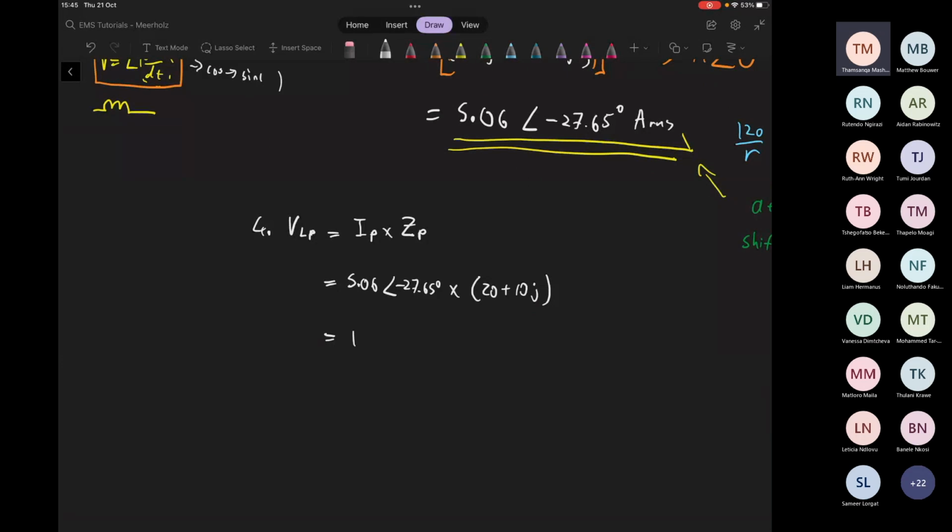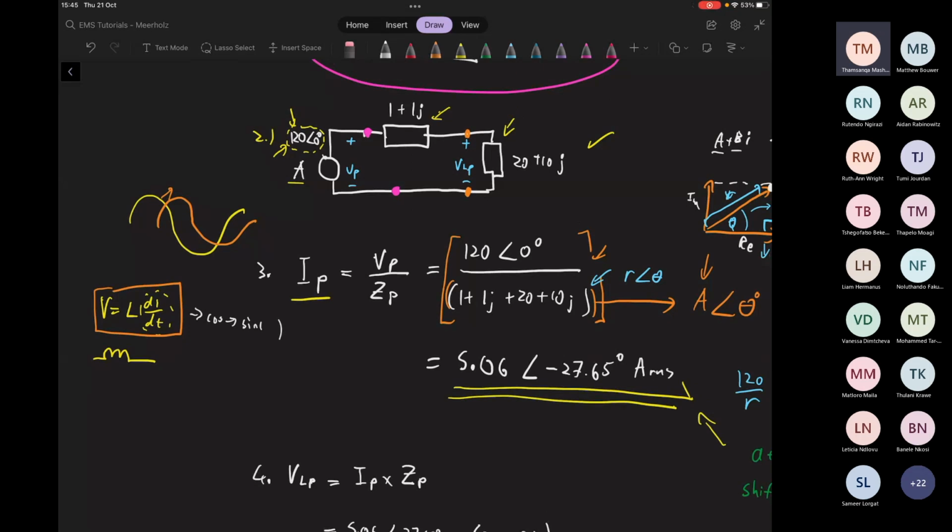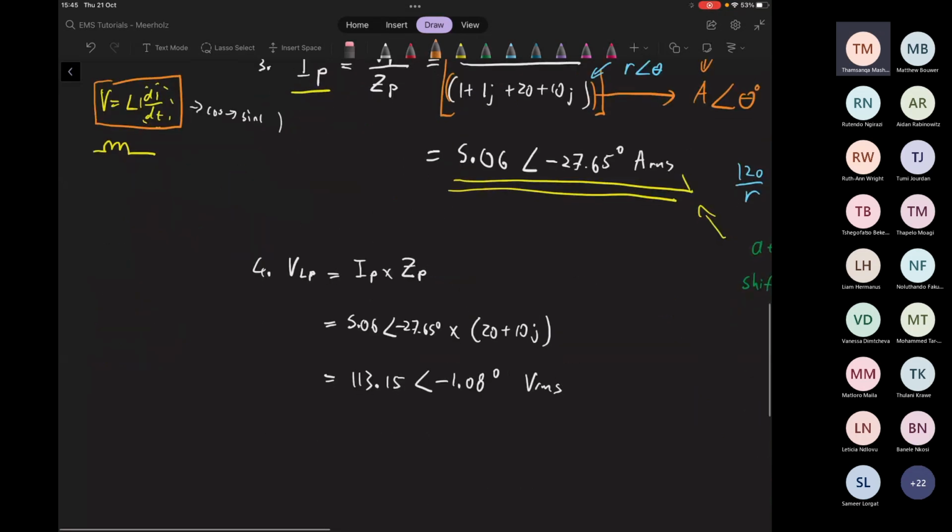And what do I get? I get 113.15 at an angle of minus 1.08 degrees. And this will be V RMS. So that's what V_LP is over here. We just times the current with the impedance.